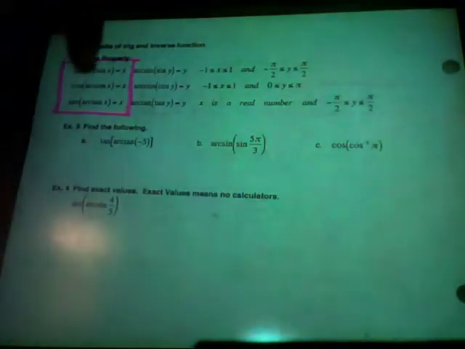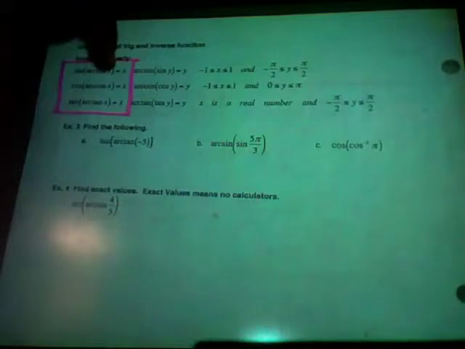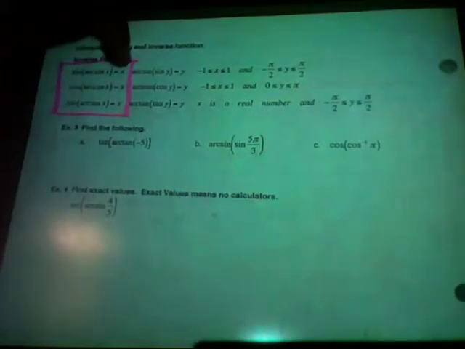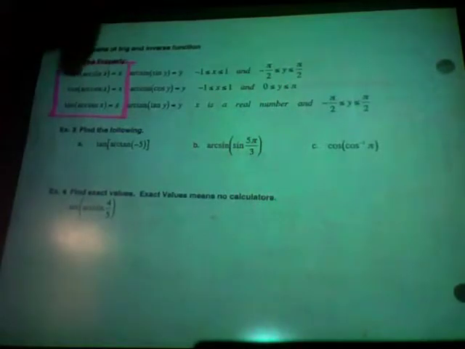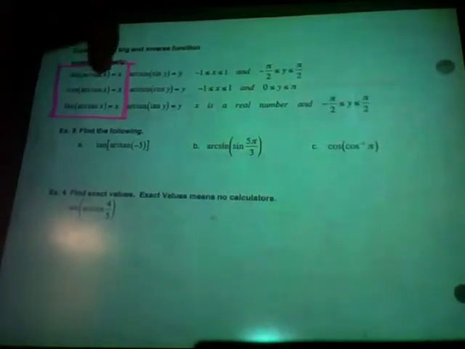Notice that whatever the arc sine is of whatever this value is, let's just call it x, if you take the sine of the arc sine, you should get this value x again, because they are inverses of each other.